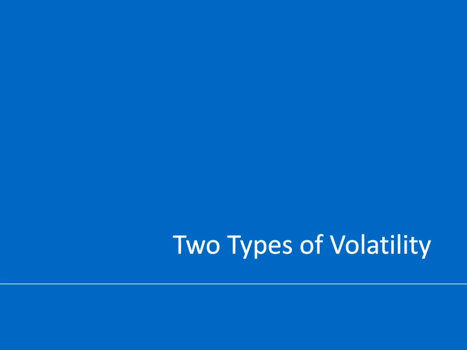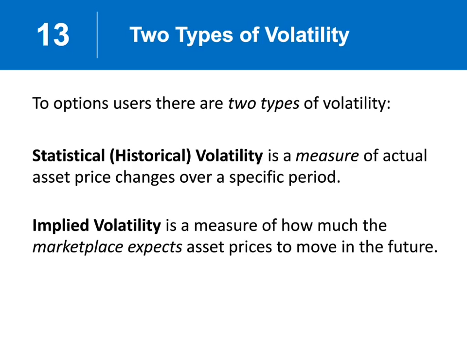All right, now we've concluded section 1. We're going to go ahead and move into section 2. In section 2, we're going to take the concept of volatility and expand it a little bit to 2 volatilities: the statistical or historical volatility and the implied volatility.